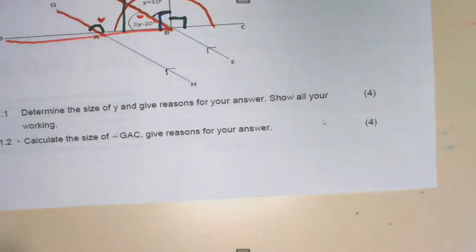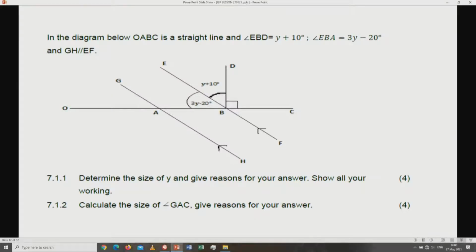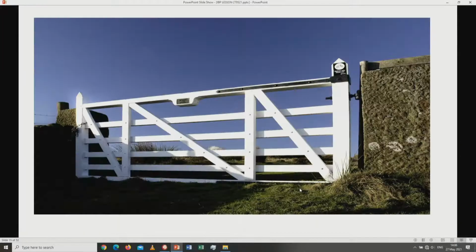But as a way of revising, let's take a tour again. Let's look at that picture.